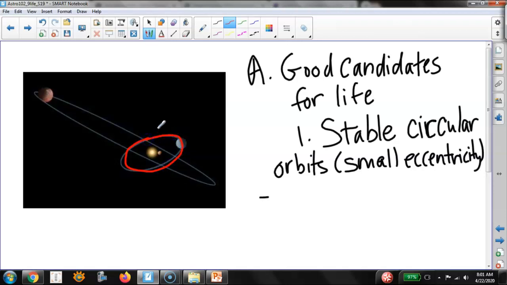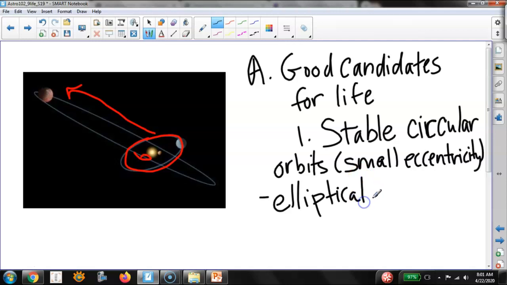And this is what our Earth has. Earth has a very small eccentricity because we don't want to be going way out away from our star and getting really cold and then coming back in close and getting hot. Because if you have really elliptical orbits with big eccentricities, very oblong type of things, then you get huge swings in temperature.